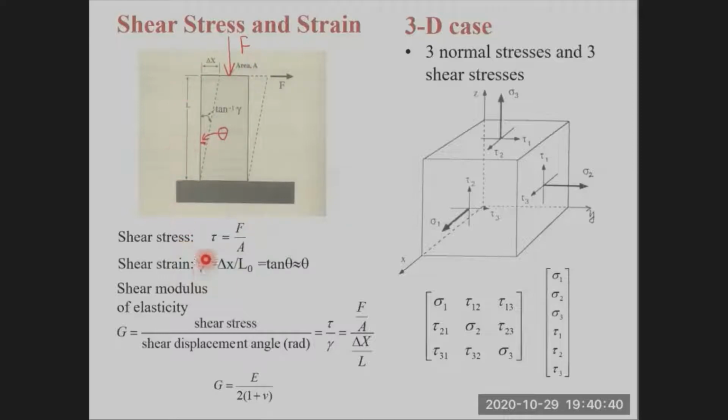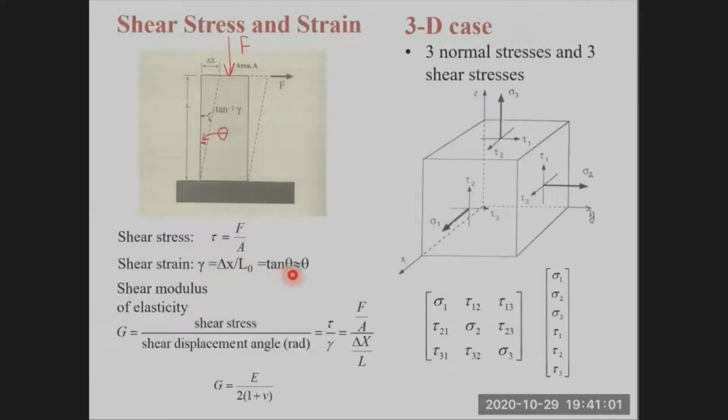Shear strain gamma is defined as delta x over L. That is simply equal to tangent theta, where theta is this angle. So shear strain is actually an angle, a tangent theta.